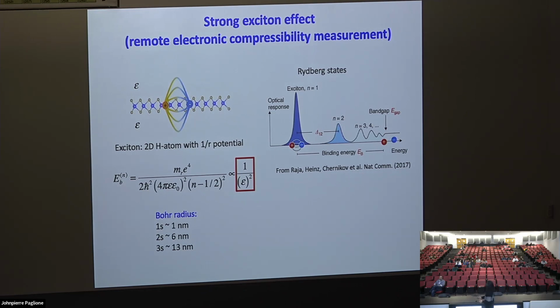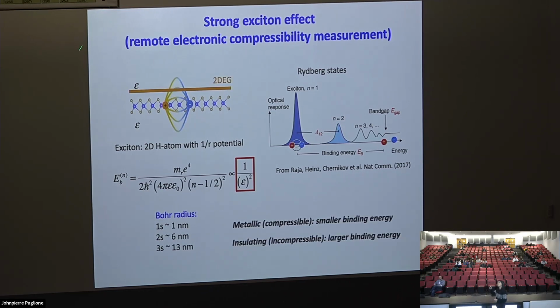So how about taking the exciton away from the sample, putting it somewhere else, and using it as a probe of the dielectric environment? Imagine that I put a metallic sheet, some 2D electron gas system, next to my single sheet of semiconductor. I expect the screening to be strong, right? And this will reduce the binding energy and make the absorption weaker.